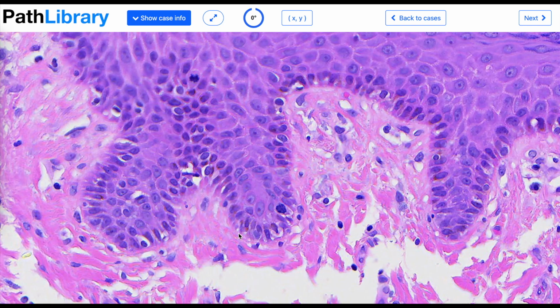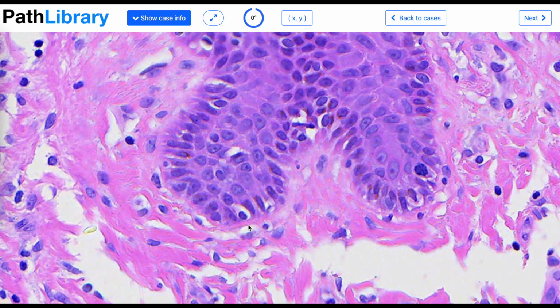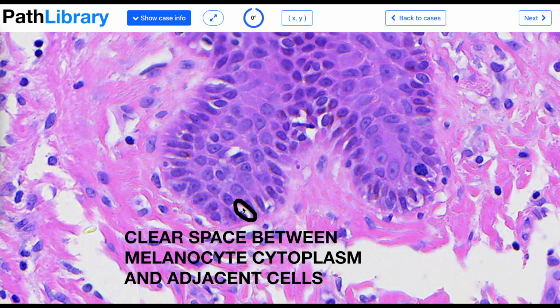Let's see if we can find a couple more melanocytes. Here's another melanocyte, with a nucleus and this pale eosinophilic to grayish cytoplasm. Another good way to recognize melanocytes is that their cytoplasm retracts toward their nucleus and leaves behind this clear cleft-like space.